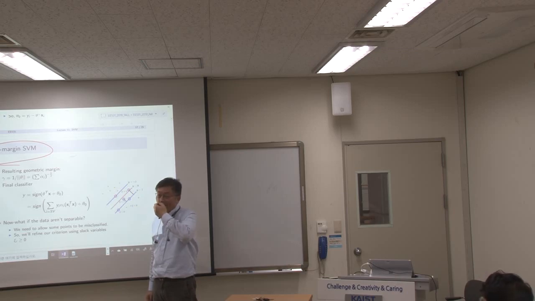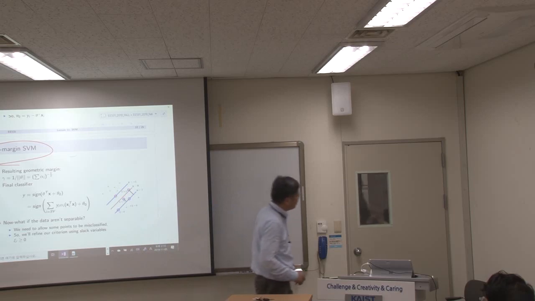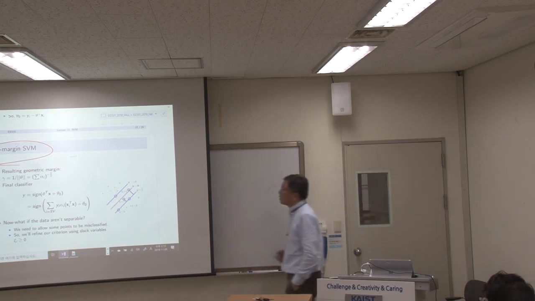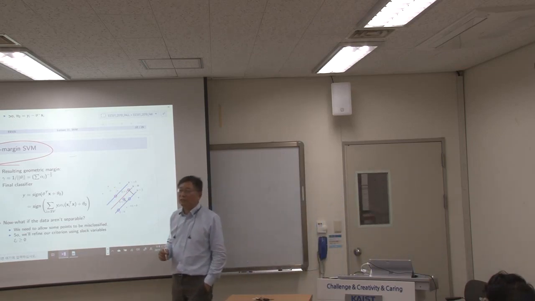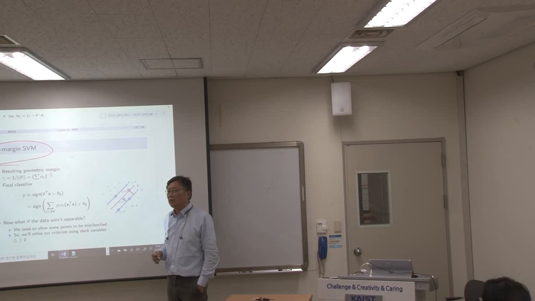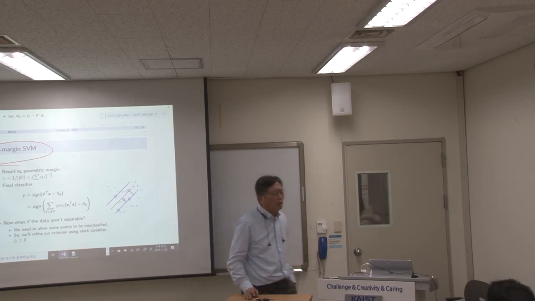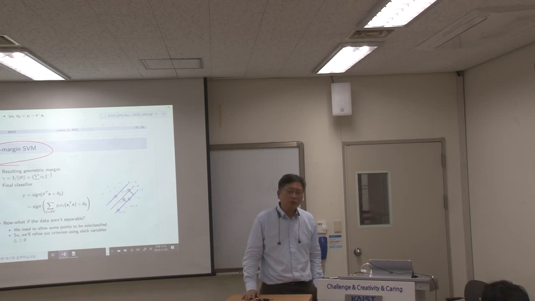Now, I'm going to explain soft margin, or soft margin SVM. The other one was called the hard margin SVM. What is soft margin SVM? This is how I like to see it. I'm going to allow for some exceptions.